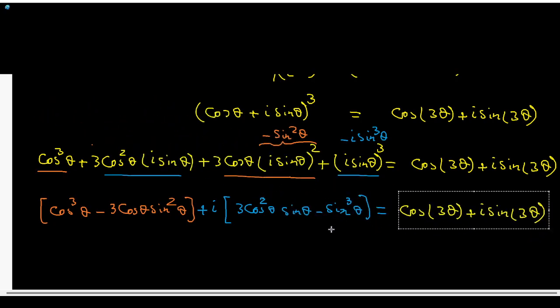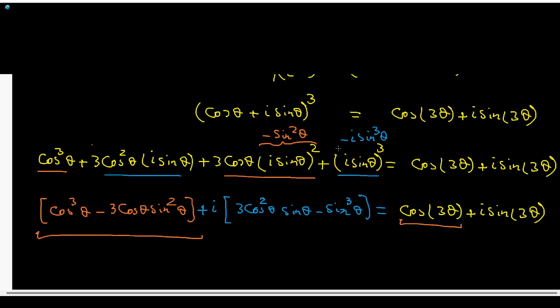And we have cosine of 3 theta plus i times sine of 3 theta on the right as before. Obviously, the real parts on both sides must be equal, and so must be the imaginary parts.